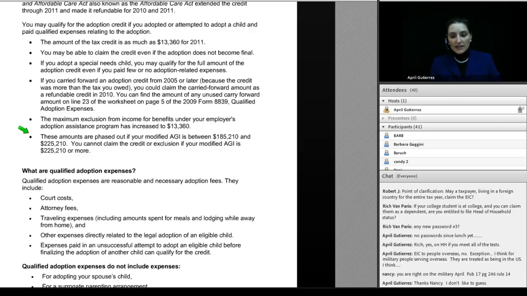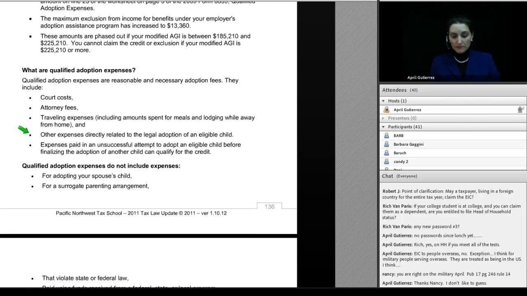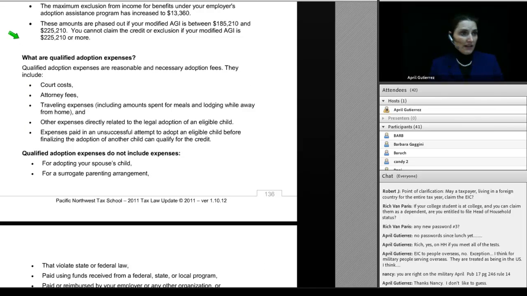There is a phase-out based on your income, and if your income is between $185,210 and $225,210, the credit phases out, and if your income exceeds that amount, you don't get it. But it's a pretty generous income level. Most people who adopt children are lower than that. So most people who adopt a child qualify for the credit.